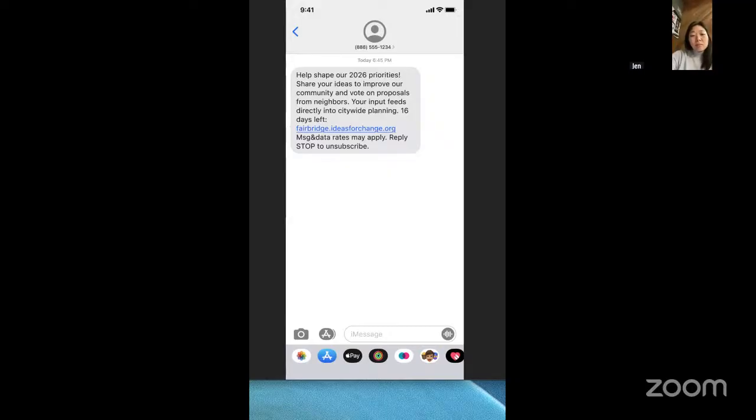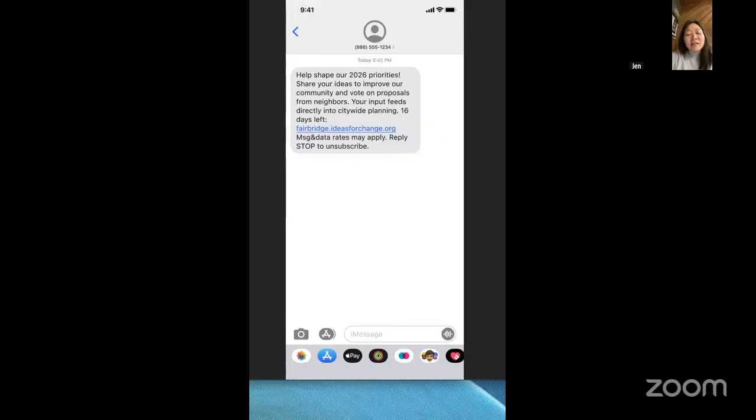It's asking me to input ideas for city planning. But I think my initial reaction to a text like this is, it's probably phishing. Is this link going to do something malicious to my phone?